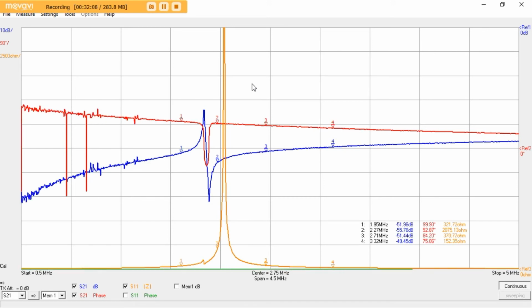The secondary coil is starting to go out of the vicinity of coupling between the primary and the secondary. So I'll move it out to 60.